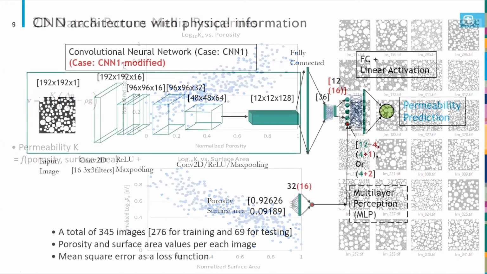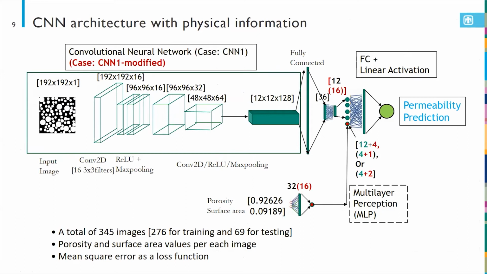And for the machine learning architecture, we basically utilized relatively simple architectures. For images, we use vanilla-type convolutional neural network architectures. We use a multi-layer perceptron, a very simple neural network, to account for different property values, in this case, porosity and surface area, and we evaluate different sizes of architectures as well as how to incorporate this porosity and surface area.